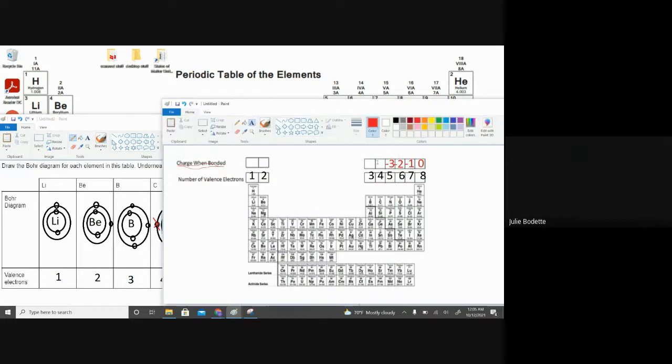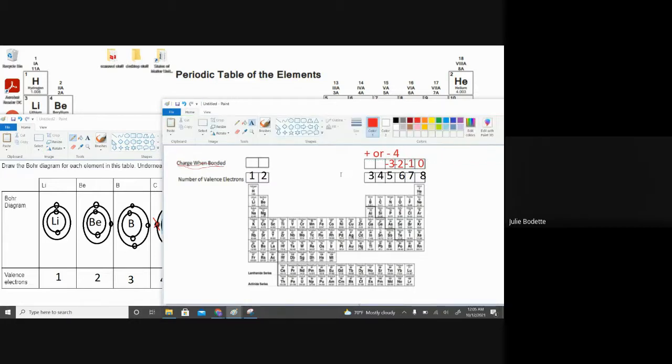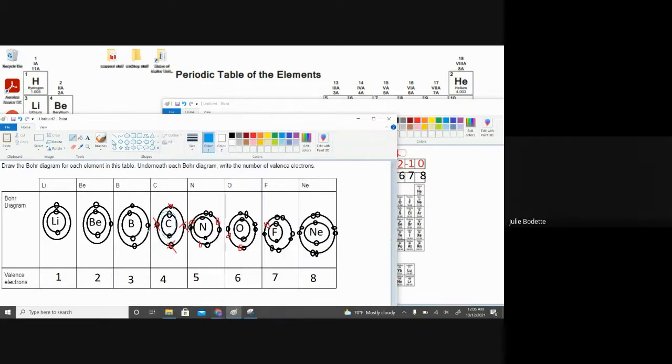So carbon can have a charge of plus 4 minus 4. And I realize that is very hard to fit in the box, so sorry about that. We'll just kind of draw a little arrow. That's carbon, plus or minus 4, right? Okay, so boron. Well, boron's got 3. If we were to gain electrons, it would need 5 more to get to 8.